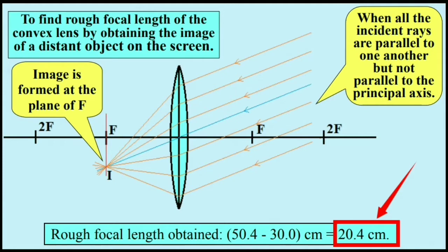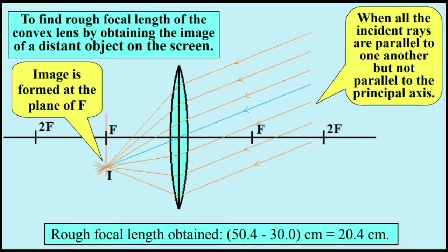But in this ray diagram, all the incident rays are parallel but not parallel to the principal axis. Since the rays are parallel, that means the object is at infinity, and in this case, the image is not formed at f. The image is formed somewhere at the plane of f, where f is the focal length of the lens.